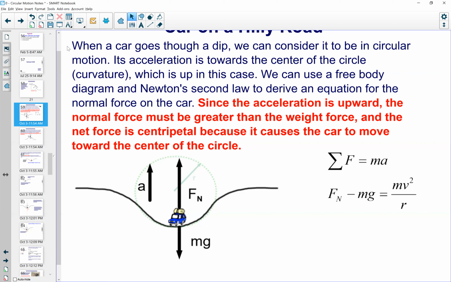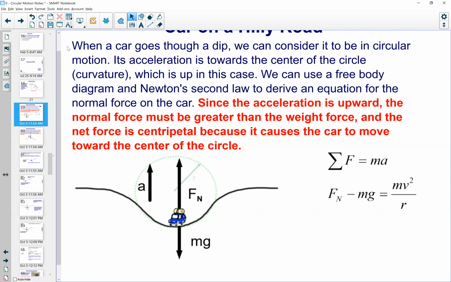If we think about the math then, we know, as always, Newton's second law applies, and we just modify Newton's second law to help us solve problems. So one way to think about this is Newton's second law is the sum of all the forces, and there's only two. There's the normal force, which is up, and the weight force, which is down. We know the normal force is greater, so we would subtract normal force minus the weight force. We also know, though, that net force is just, more generically speaking, ma.